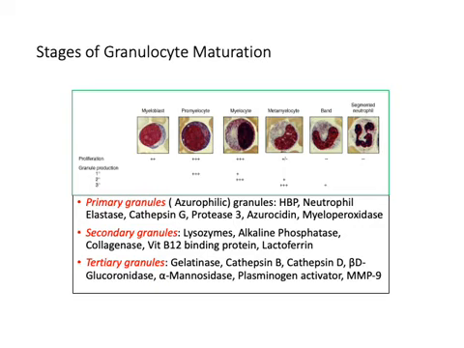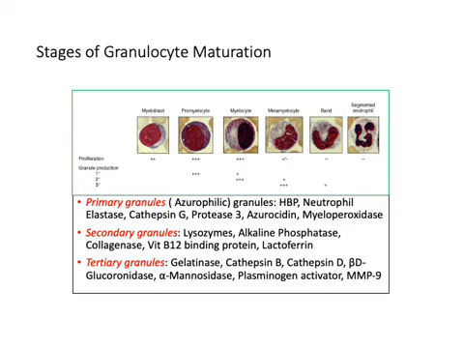Now, as the neutrophil matures, they express several types of granules. So during the early phase, they will express the primary granules, which are your azurophilic granules. That includes your myeloperoxidase. Once they reach the promyelocytic stage, then they start producing the secondary granules.